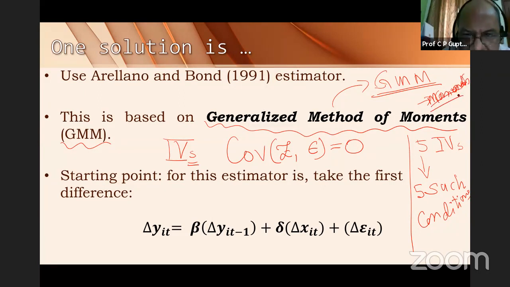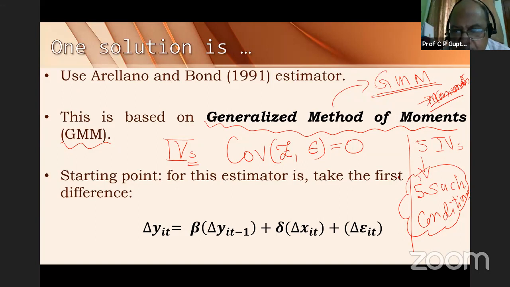In a crude sense, you can visualize the generalized method of moments as one which satisfies the moment conditions of some system of equations, like here. Okay, and it's a generalized method, and the least squares method is a particular type of GMM, generalized method of moments.